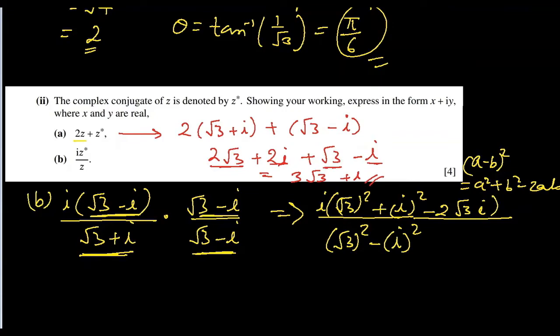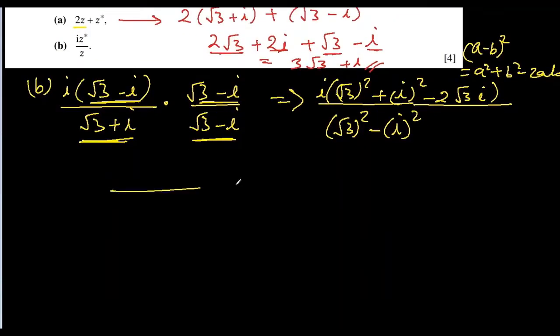Alright, so let's go ahead. The square root and square cancel out, so it becomes 3 minus, and i square is minus 1, so it becomes plus 1. So minus and minus 1 becomes positive 1.